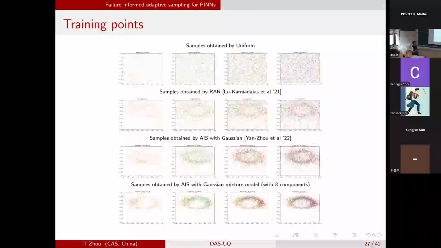So the posterior model is very important. This can be problem dependent, depending on how complex your problem is. If the problem is very complex, you should use a more general model. Otherwise, you can consider a simple Gaussian density. This is very problem dependent.